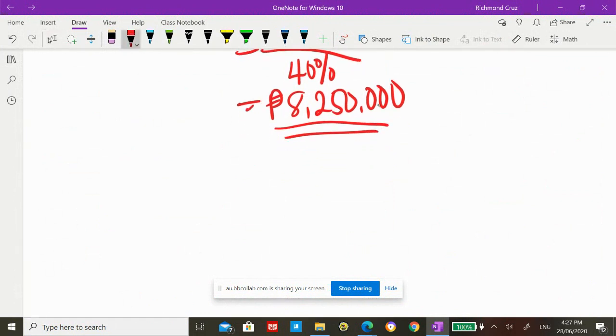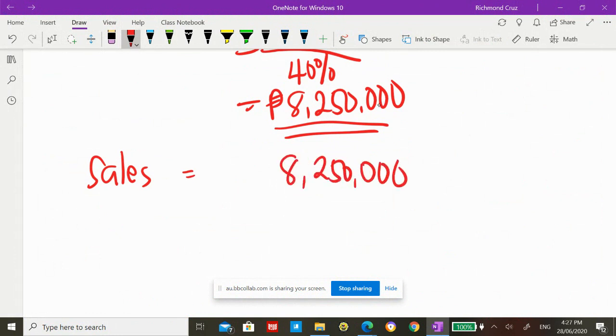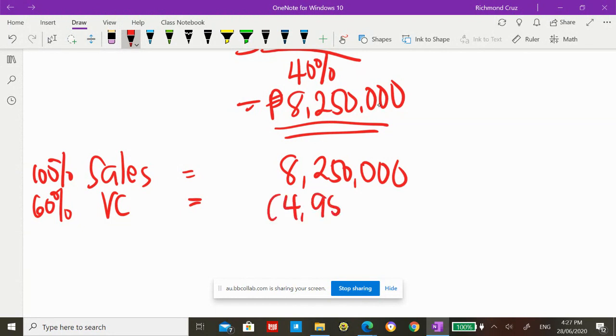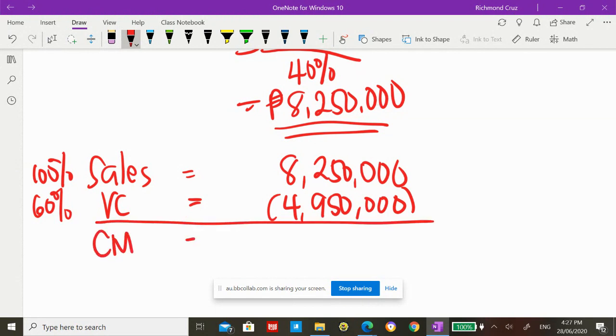If you want, you can try. So we have sales here, 8,250,000. Take note, this is 100%. So variable cost natin is 60%. Ito yung variable cost. So 8,250,000 times 0.6 is 4,950,000. I-deduct natin sa sales, then we can compute the contribution margin: 8,250,000 minus 4,950,000 is 3,300,000.